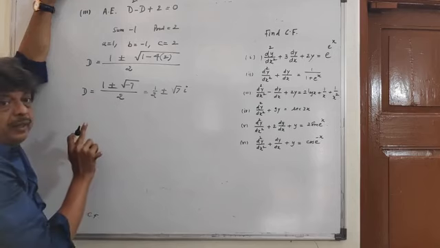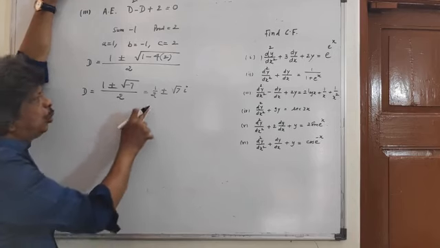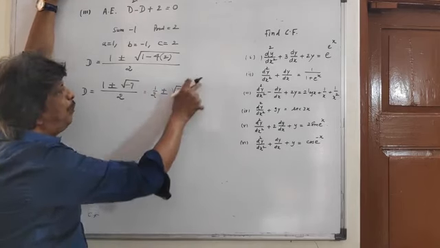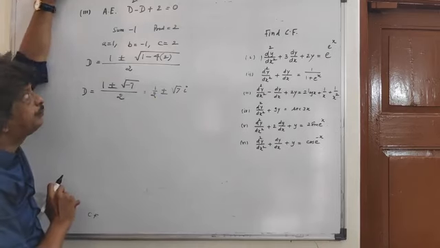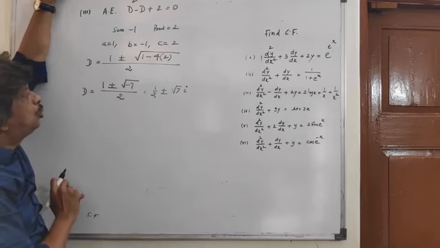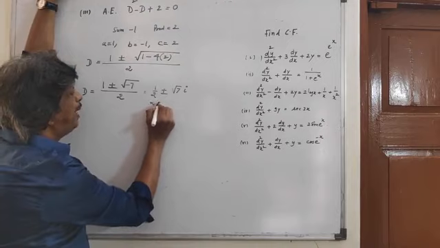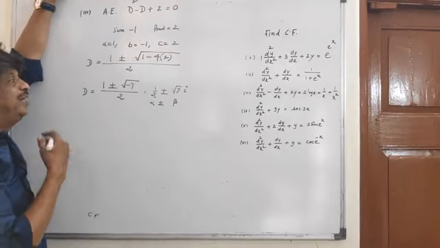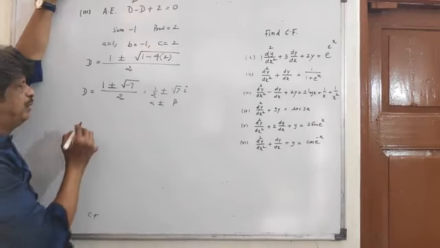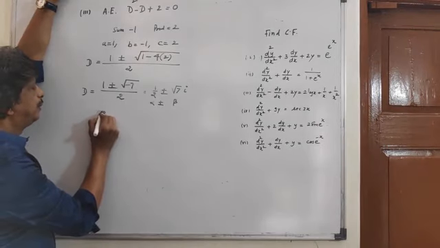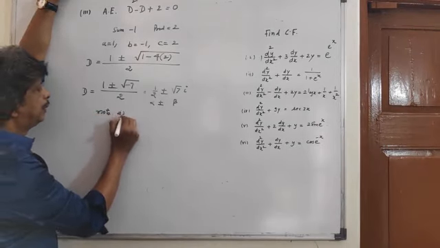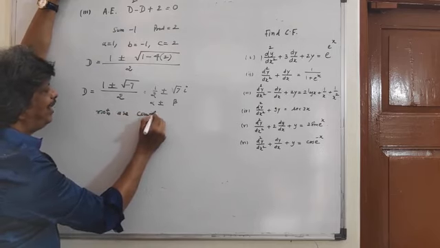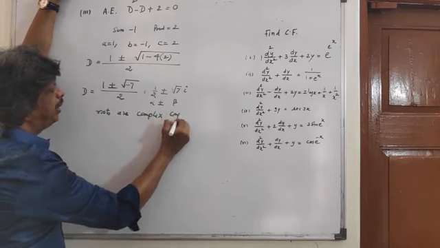So here we see that the roots are complex and conjugate. So here alpha is 1/2 and beta is √7. So I am using the third formula for CF. The roots are complex and conjugate.